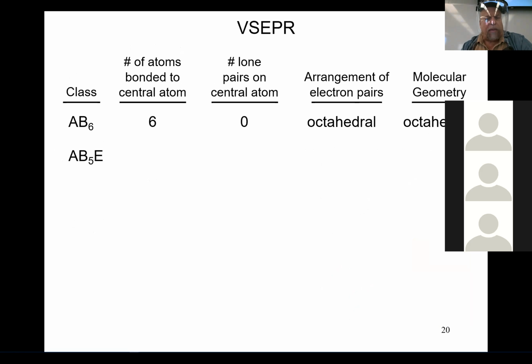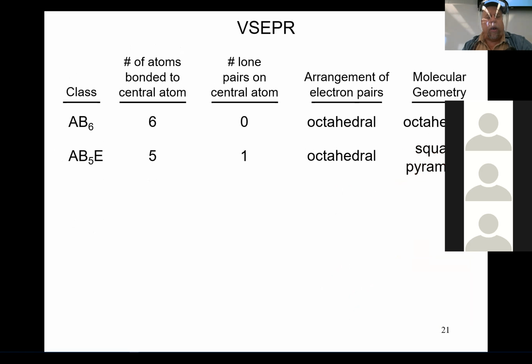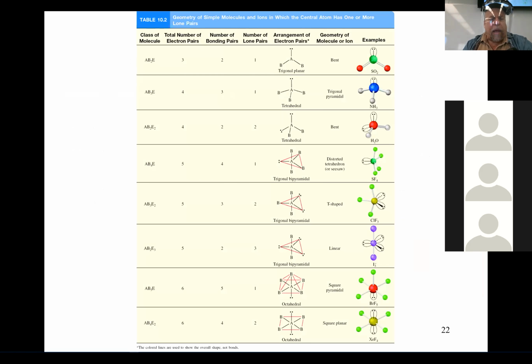And then AB6, AB5E with 5, 1, and that's octahedral with an electron pair, and that's called square pyramidal. And again, it's square pyramidal because it doesn't have an atom to go in the last part. And then AB4E2, you have 4 in the center, and then 2 electron pairs. That's octahedral, square planar, like that. And there's a bunch of different examples there on that chart.